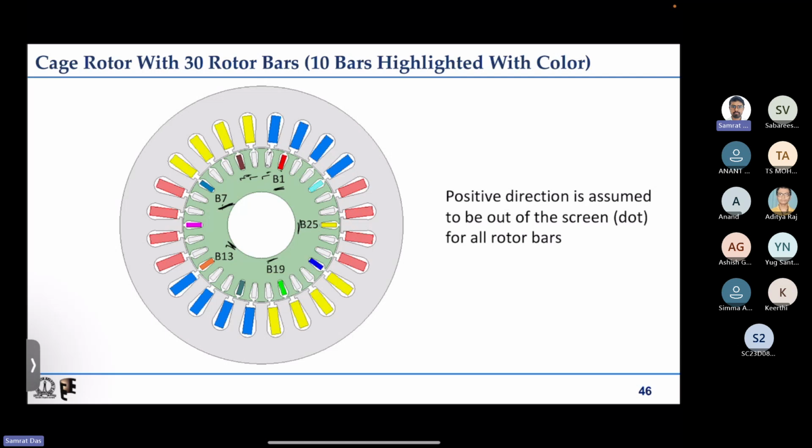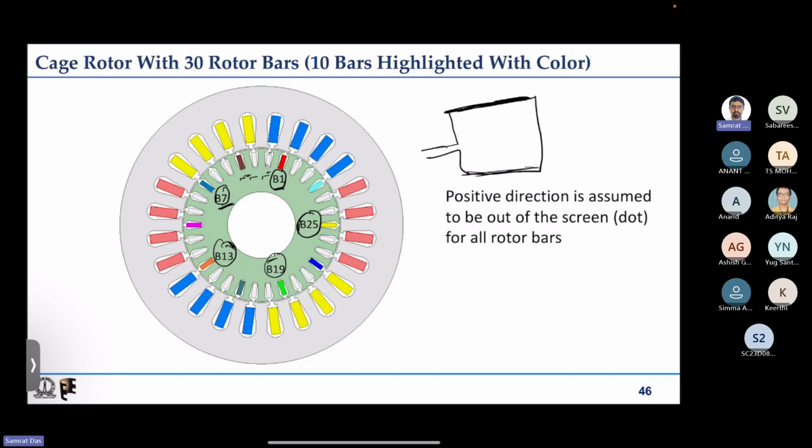So we will just focus on B1, B7, B13, B19 and B25. All these are bars. They are not closed conductors like the earlier case, where we had conductor 1 on one side and conductor 2 on the other side. In this case we simply have some bars and they are shorted on both sides.